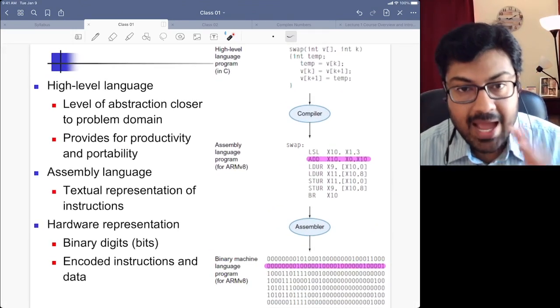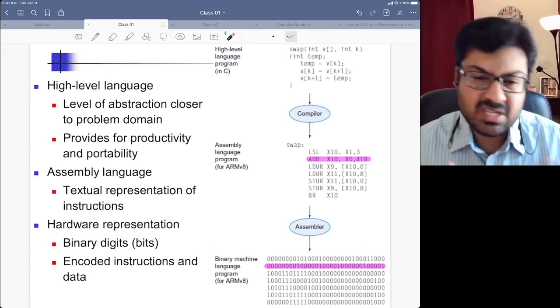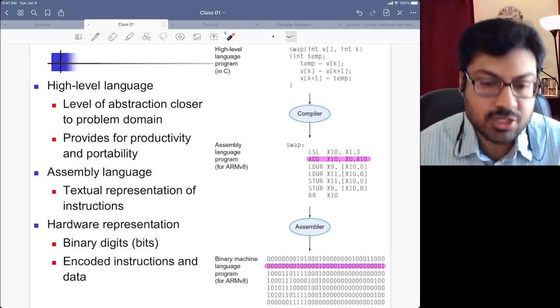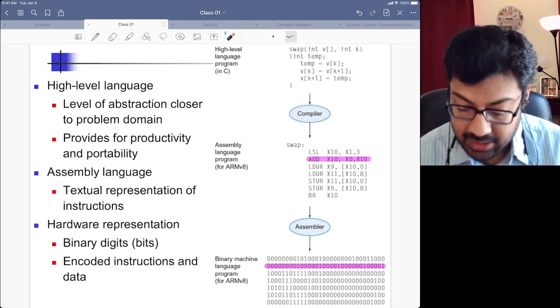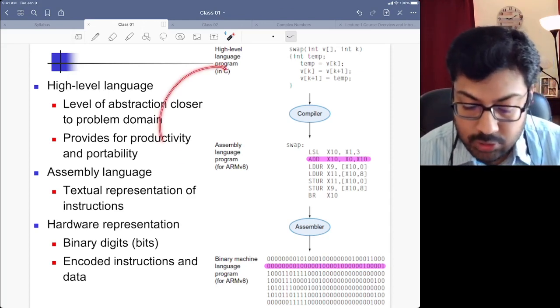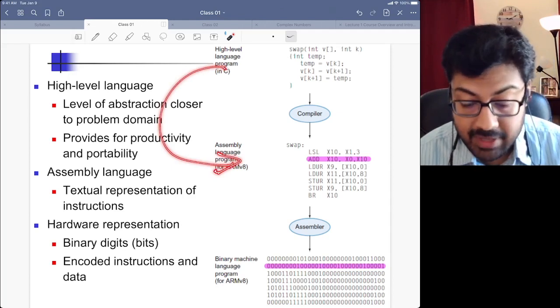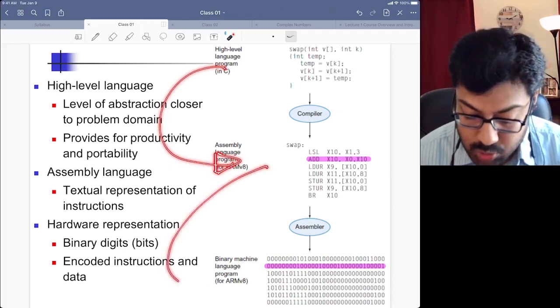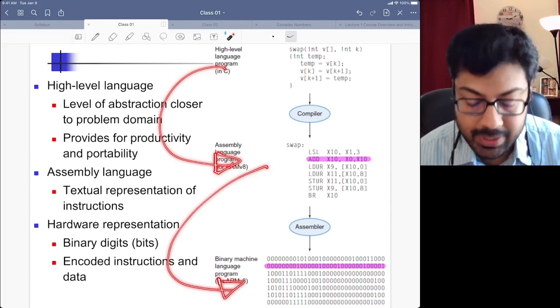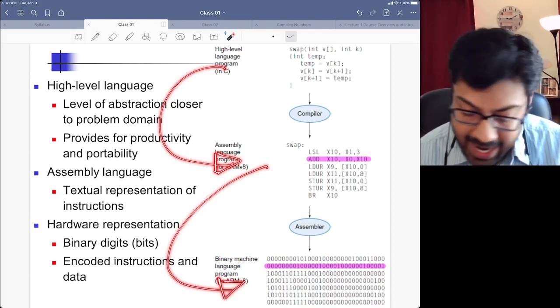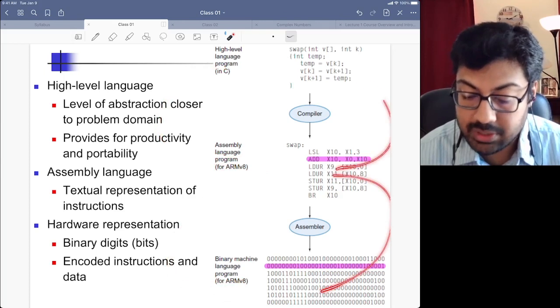Now, as we go through the first sort of 10 lectures, you will be comfortable with going from high level to assembly by yourself, and going from assembly to binary machine language. For MIPS, you should be able to do that. And if you can go one way, you can obviously go the other way as well.